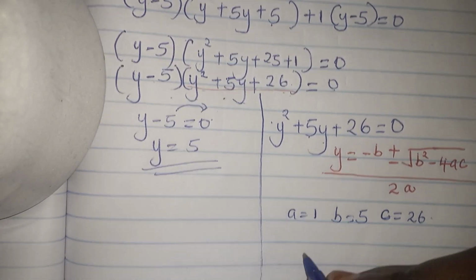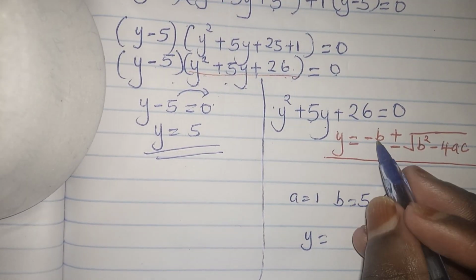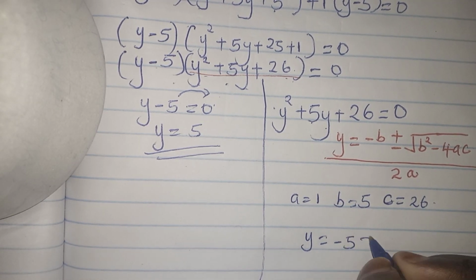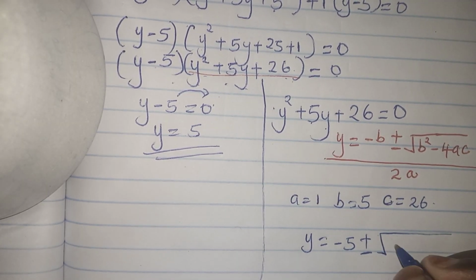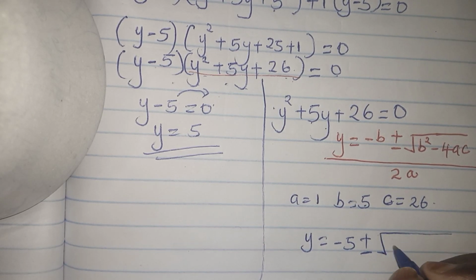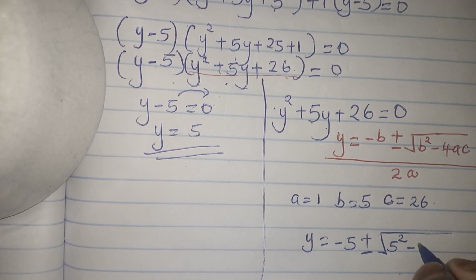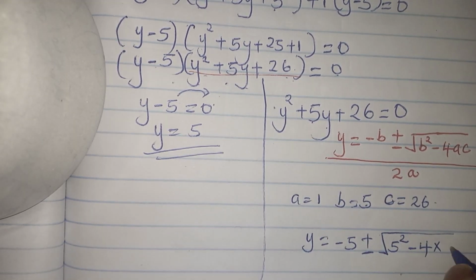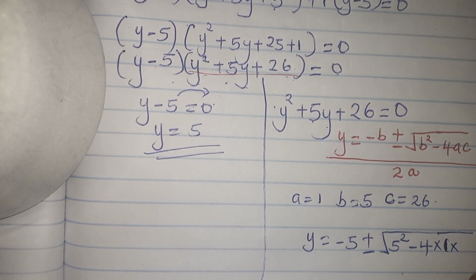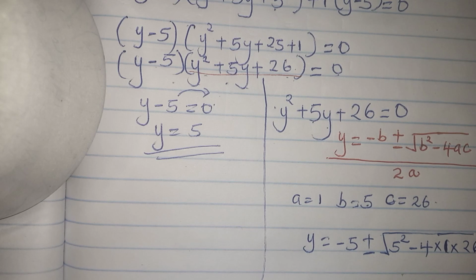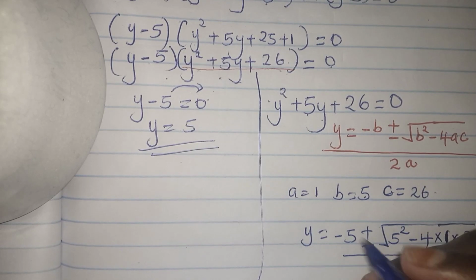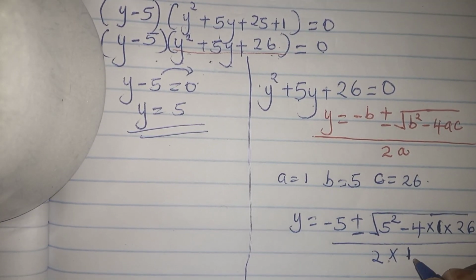So y is equal to minus b, so this is minus 5, plus or minus the square root of b squared, 5 squared is 25, minus 4 times our a here is 1 and our c here is 26. This is divided by 2 times a, 2 times 1, right?